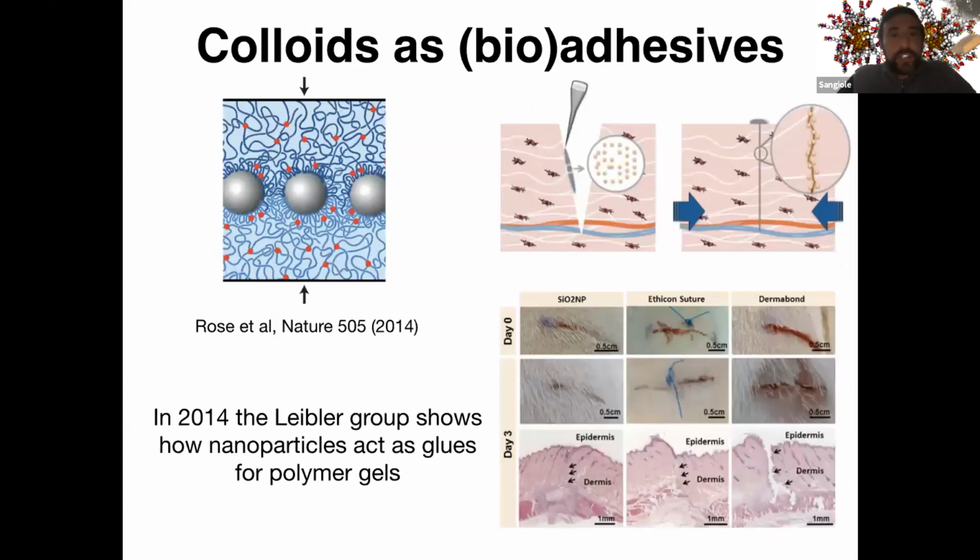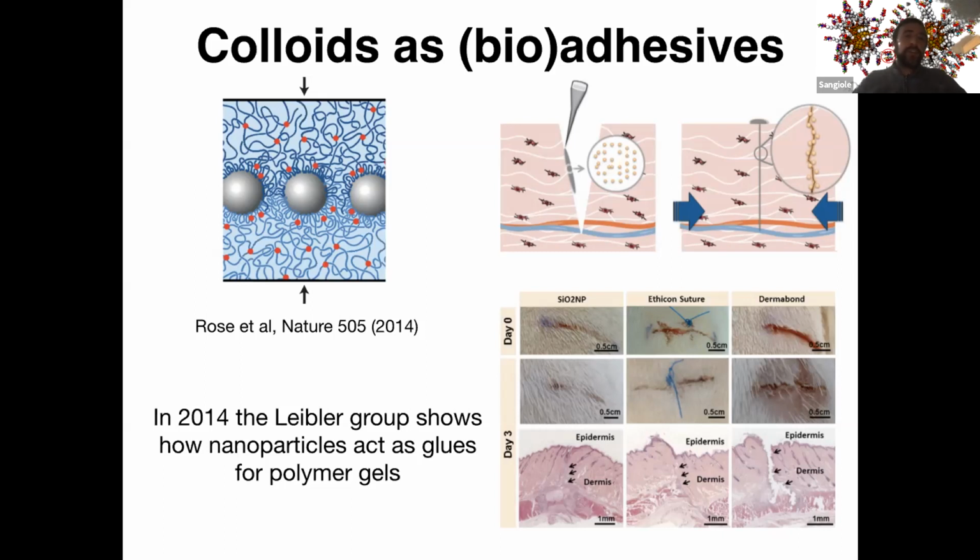in terms of inspiration, I think everything started because of this paper that was published in 2014 in the group of Leibler in Paris. What they've shown is that nanoparticles in general can be used as glues for biogels. And this is something that from a technological point of view is very difficult to accomplish.